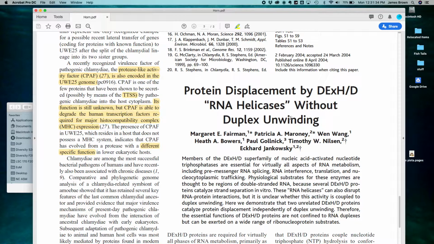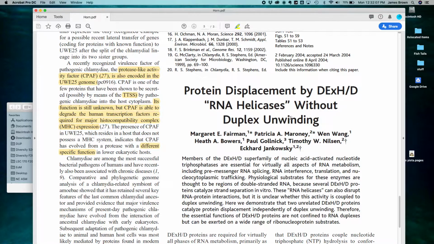This protein, either directly or more likely indirectly, causes the turnover of human or host transcription factors. This is a way the parasite uses to take over the metabolism of the cell. And particularly of genes for the major histocompatibility locus. Now, what good would that do? Remember, this is in a multicellular creature in these pathogenic chlamydia.